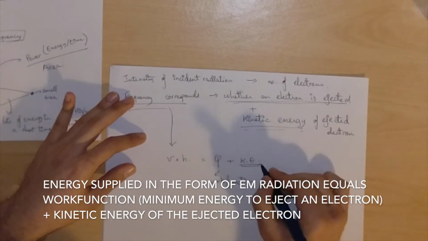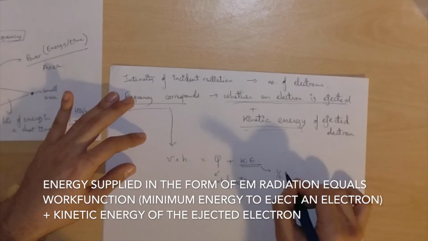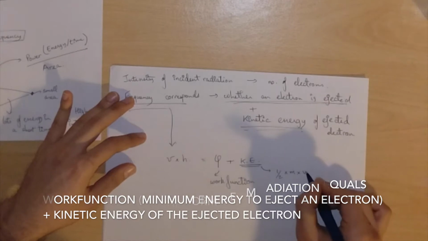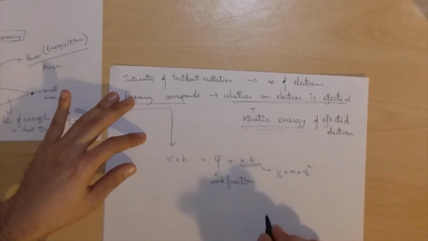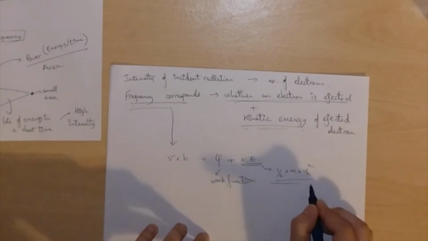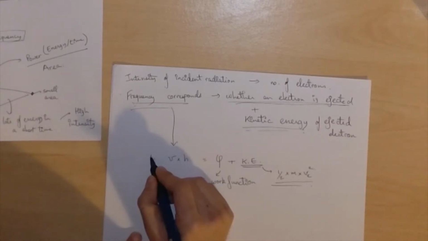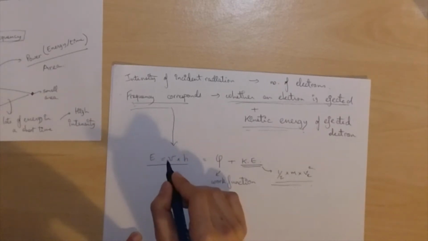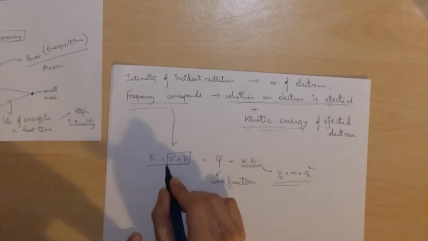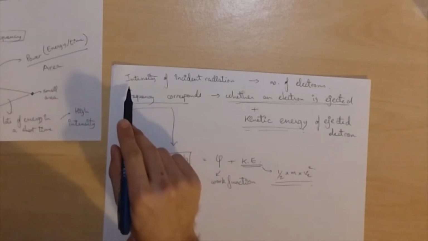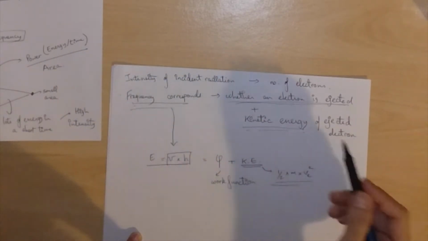And this kinetic energy is, well, half times mass times velocity of the electron squared. Formal definition. So the energy you give it actually comes from h times frequency. And by increasing the intensity, you're ejecting more electrons.